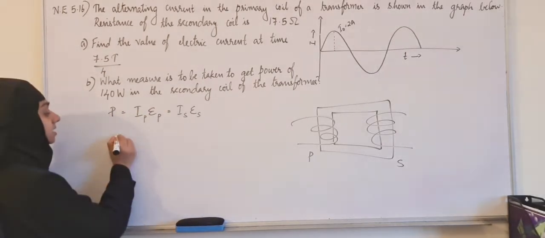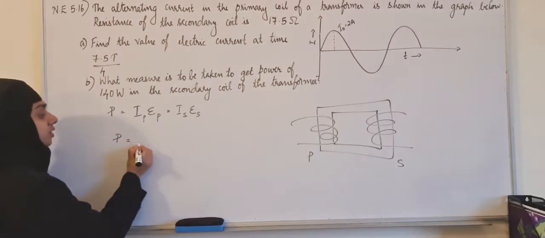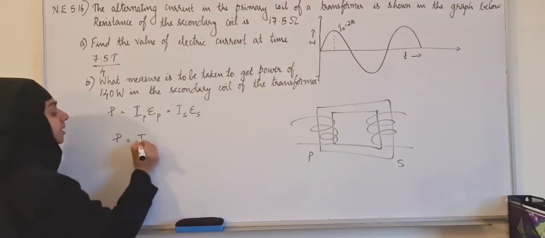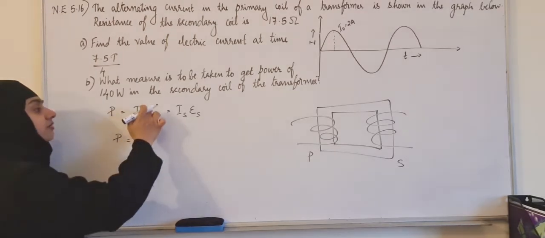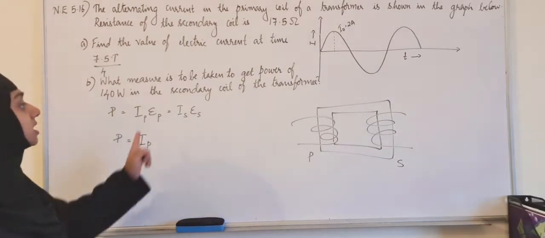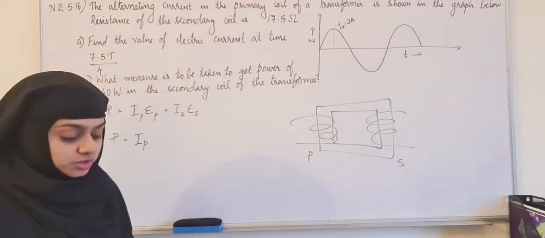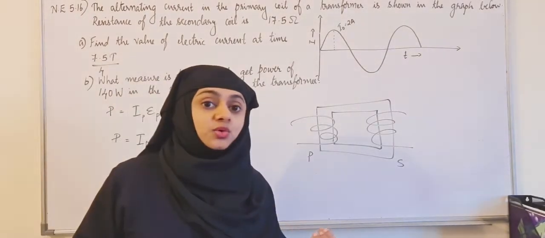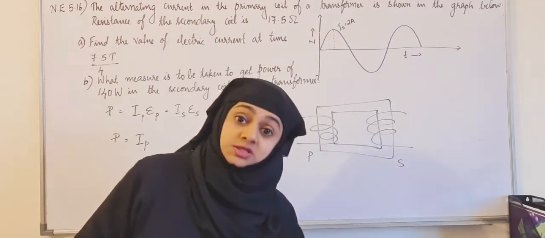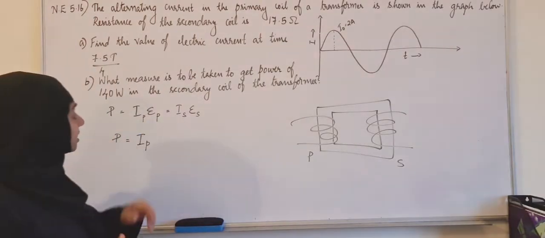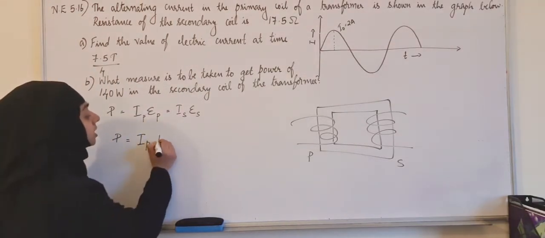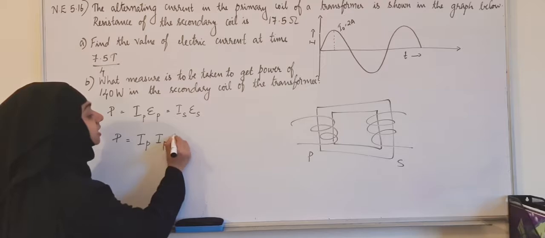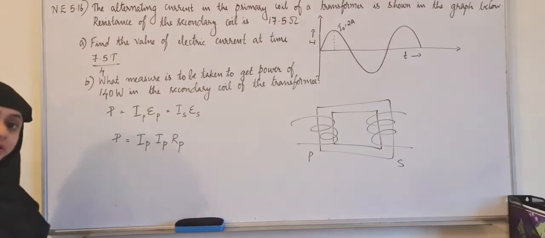So I can say that the power is equal to I_P times E_P, but we have no idea about the EMF at primary. So let us use the expression, the voltage is equal to current times resistance. So I can write E_P as equal to current in primary times resistance in primary.